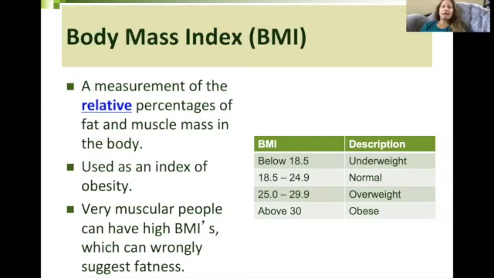It is a calculation of body fat and muscle mass, and it looks at your height and your weight and gives you a number. The problem is if you are someone who is a bodybuilder, if you are very, very muscular, you're not necessarily obese, but your BMI is going to be high. So that's why we consider it kind of an outdated measurement.